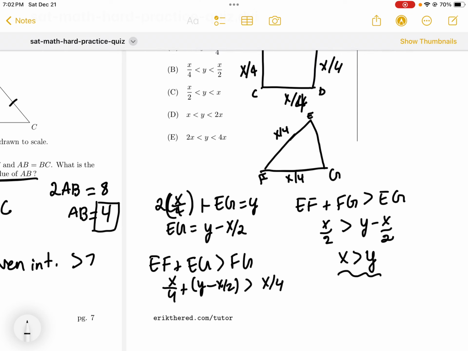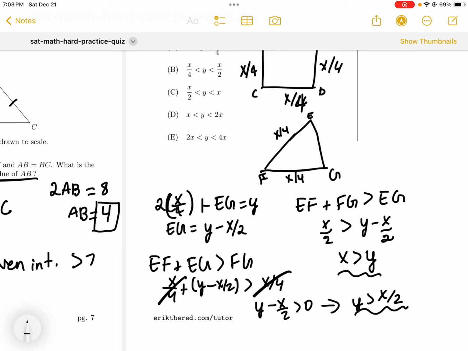So I can cancel out x over 4 from both sides, and I get y minus x over 2 is greater than 0, which means y is greater than x over 2. So we've established a minimum and a maximum for y.